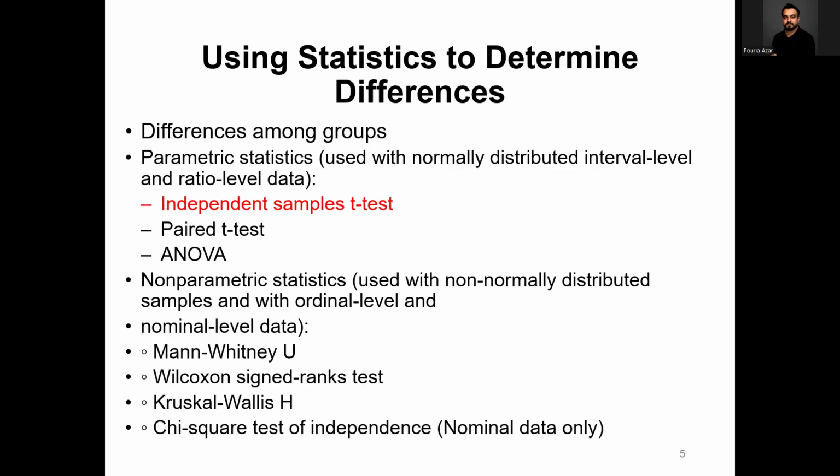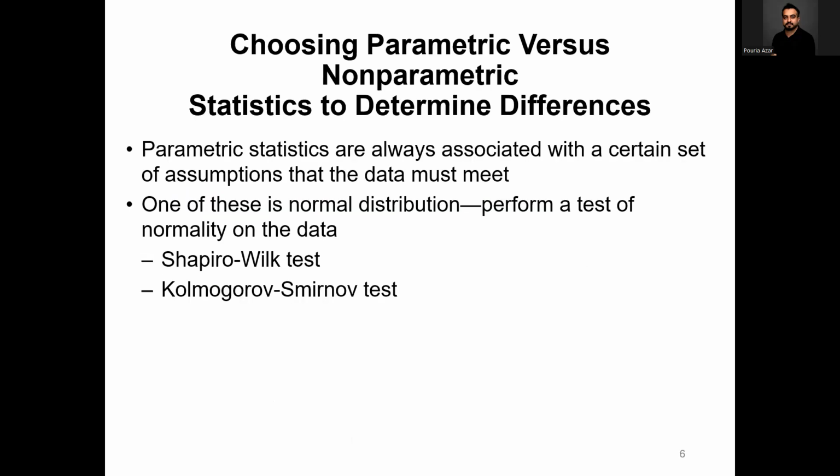So these are non-parametric versions of t-test and ANOVA. As I said, we have to make sure that the assumptions are met. Otherwise, we have to go with non-parametric statistic tests.